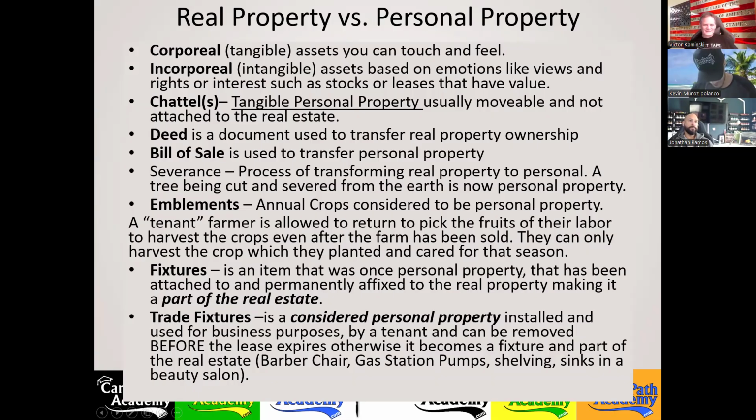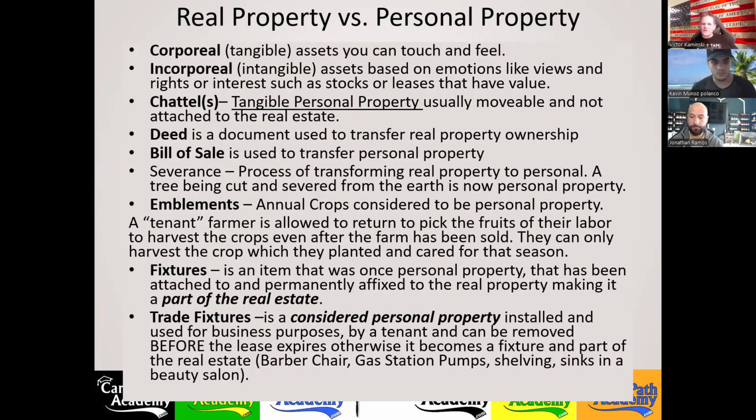So fixtures are items that were once personal property that have been attached to and permanently affixed to the real estate, becoming part of the real estate. Trade fixtures are personal property attached to the real estate, however they're meant for business purposes.